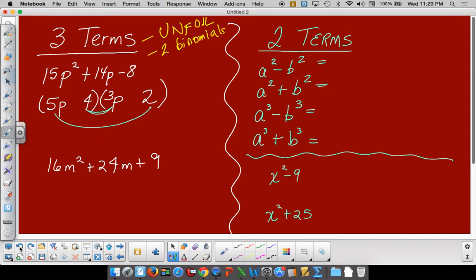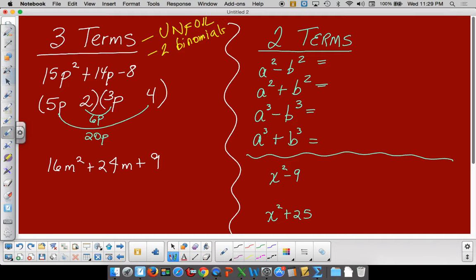So in this case, it's easier to undo here. I'm going to try it the other way around. Maybe it should have been 2 here and 4 on the back end. Now try checking your inners and your outers. Inners make 6p. Outers make 20p. Can a 20 and a 6 end up being a 14? Yes, if we subtract them.